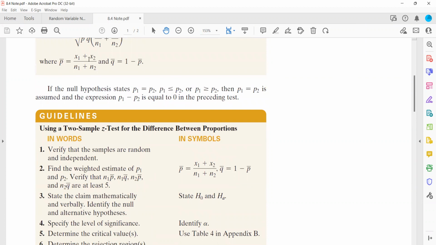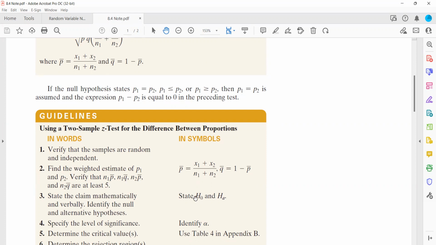You're going to take the successes in the first sample and the second sample, add them together and divide by the sum of the sample sizes. We call it the weighted estimate of P1 and P2. Check to see N1 P bar, N1 Q bar, N2 P bar, and N2 Q bar are at least 5.